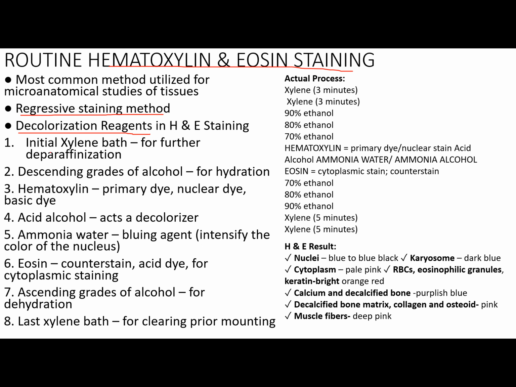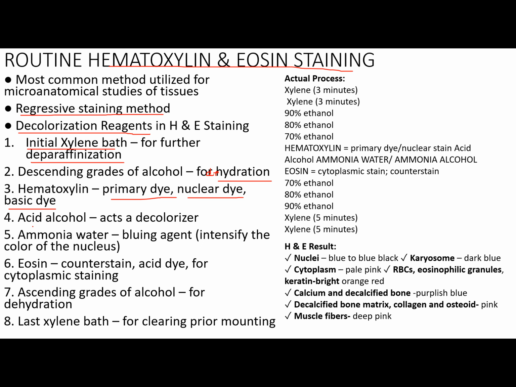You would use an initial xylene bath. This is used for further deparaffinization. Then you would use descending grades of alcohol for hydration, then hematoxylin, which is the primary dye, nuclear dye, and basic dye.